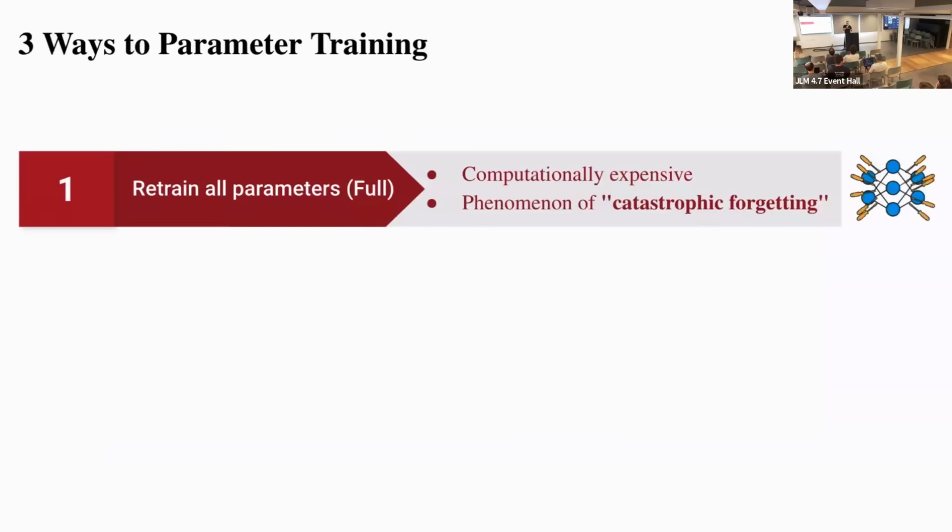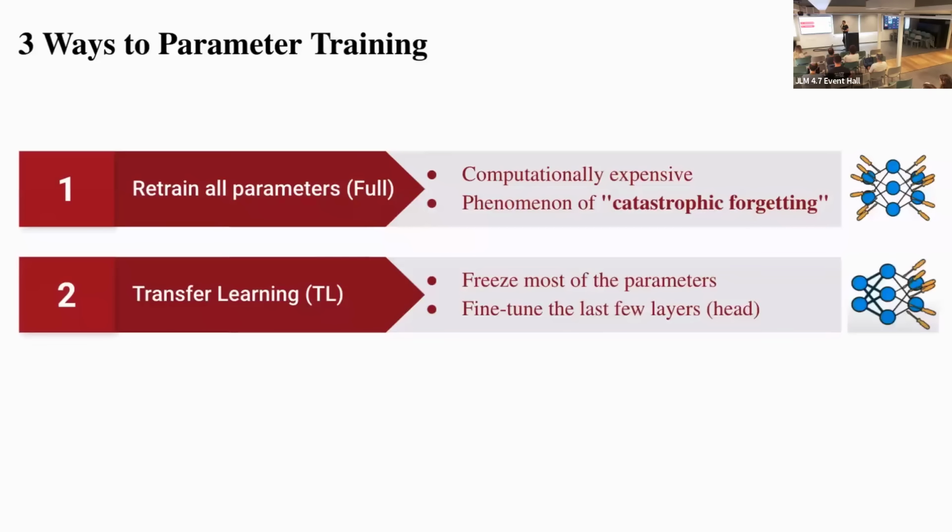Catastrophic forgetting is when your fine-tuned LLM is really good on the new task and learns the new information really well, but it forgets previously learned information. This is more likely to happen if you do full fine-tuning because you update all of the model.